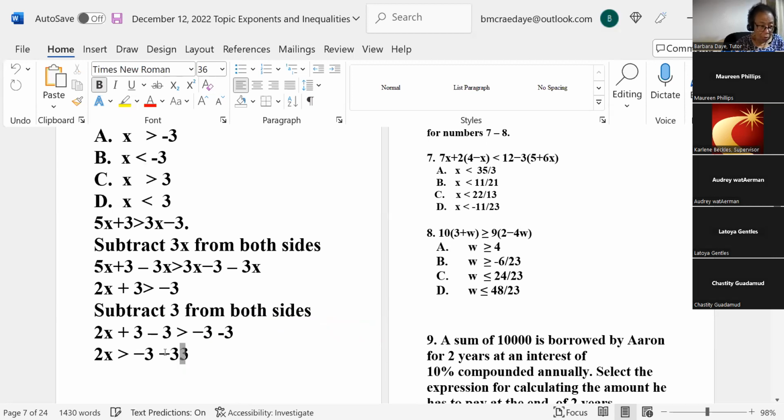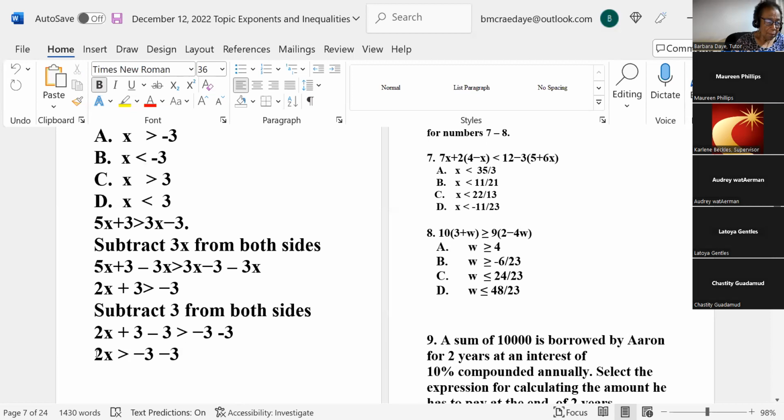What does that give you, Audrey? You add a negative and a negative, you get what? No, negative times a negative gives you a positive. When you add them, a negative and a negative give you what, Audrey? A negative. Yes.